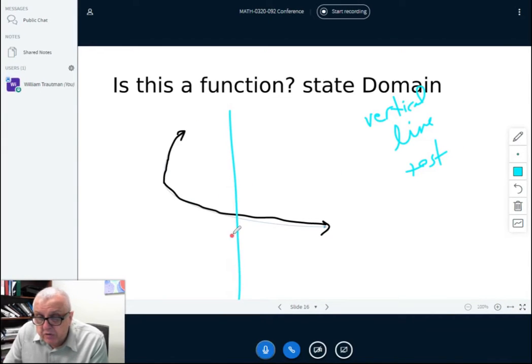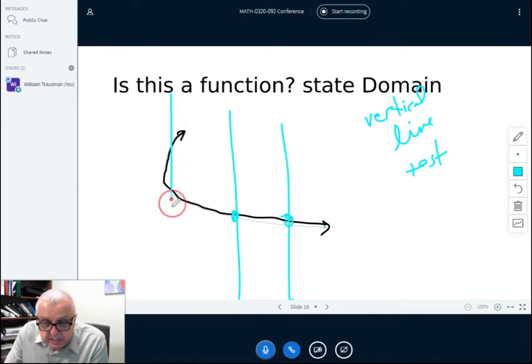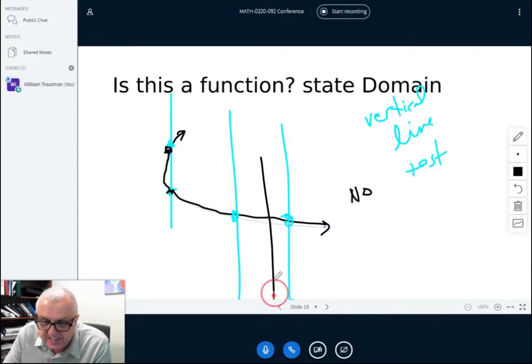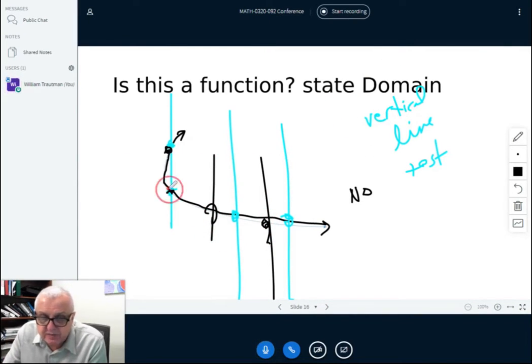If you draw a vertical line and it only touches one spot, then it's a function. However, look, if I draw it right here, it touches 2 spots. So no, because it touches 2 spots when I draw a vertical line. You can't just keep on drawing here and say, oh yeah, that's a function. No, it's not a function.